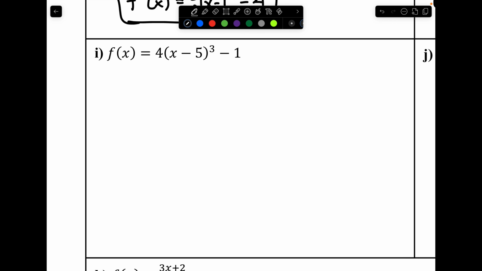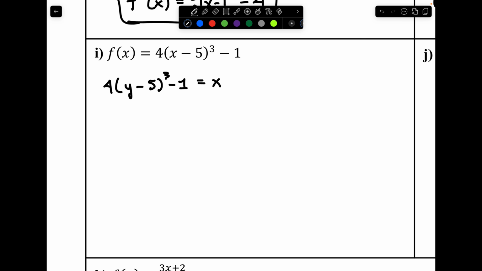So let's skip letter H for right now and talk about letter I, since that correlates to the example we just did. For this problem, 4 times x minus 5 to the third power, we'll switch the y for the x, for the y minus 1, and set it equal to x.